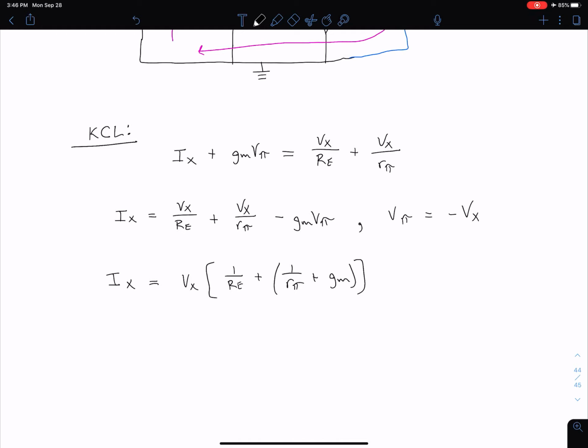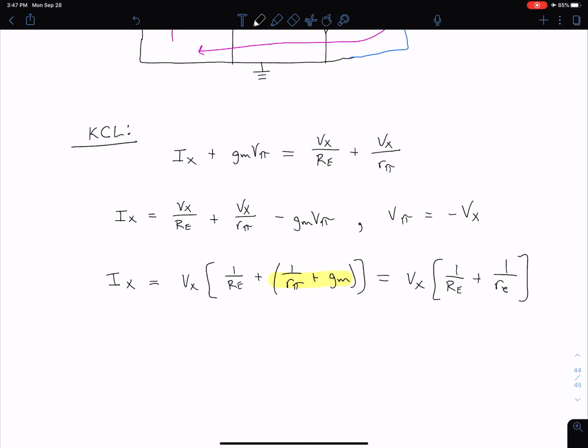And so again, you'll notice I've grouped these terms maybe a little awkwardly at first, but again this can be used to relate back to that lowercase r sub e that we had defined previously. So we can say this is actually equal to Vx times 1 over our emitter resistor plus 1 divided by our lowercase r sub e.